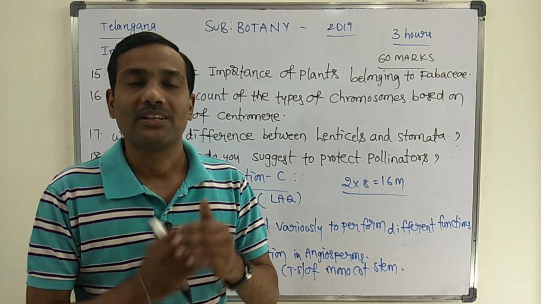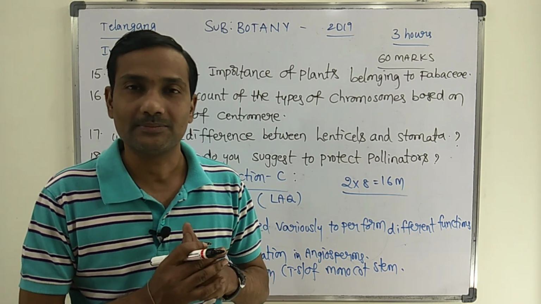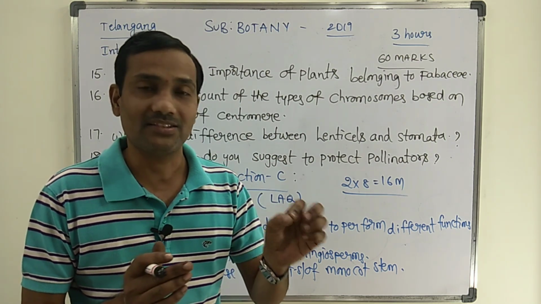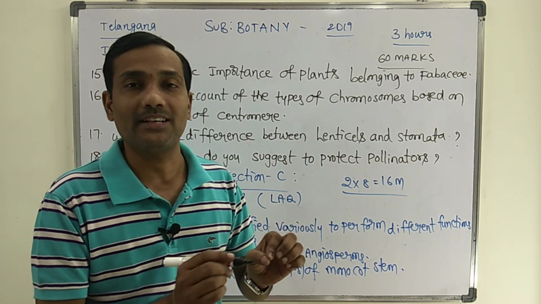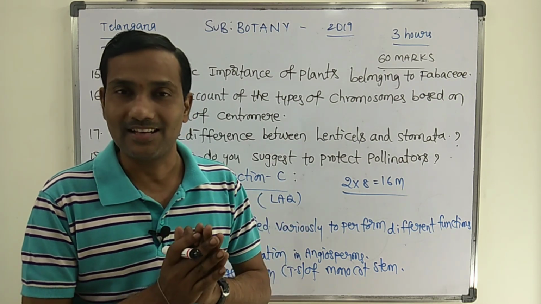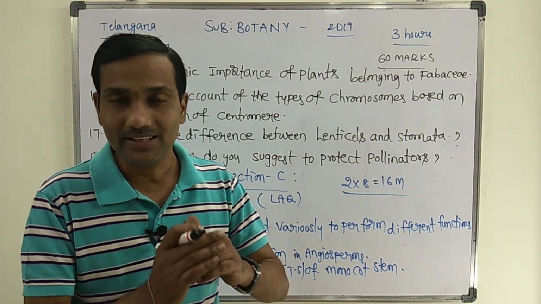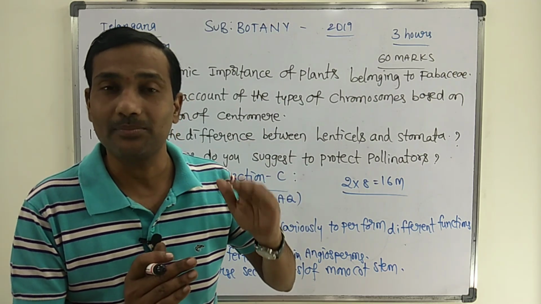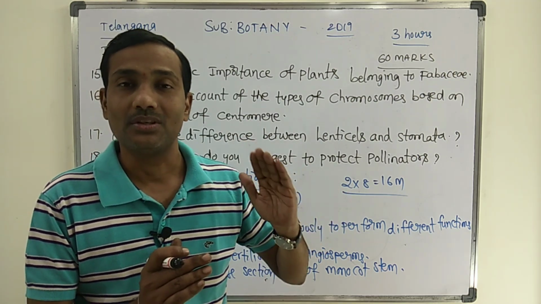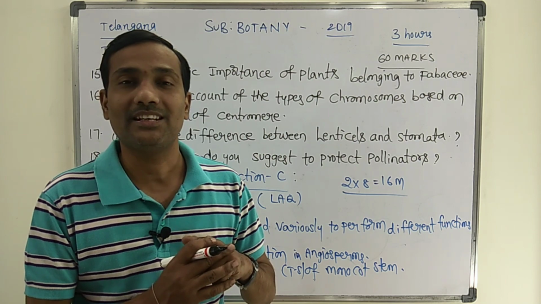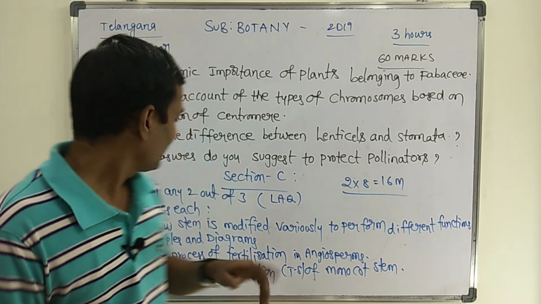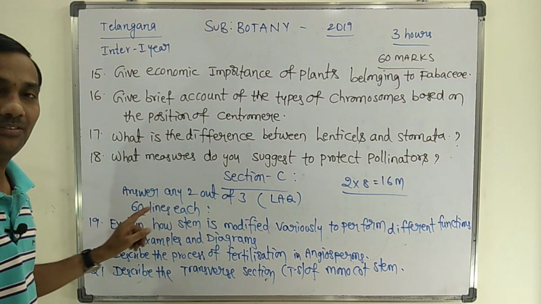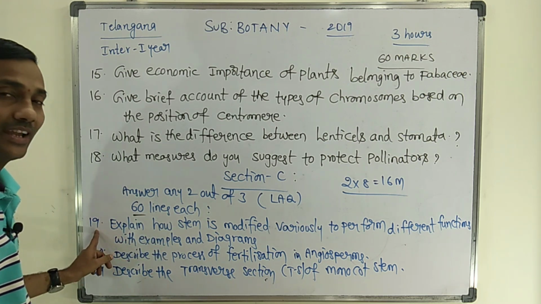For example, whenever you start Section B, you write the 11th question answer. The last question of Section B is the 18th question. Whenever you start Section C, the long answer, it is the 19th question.